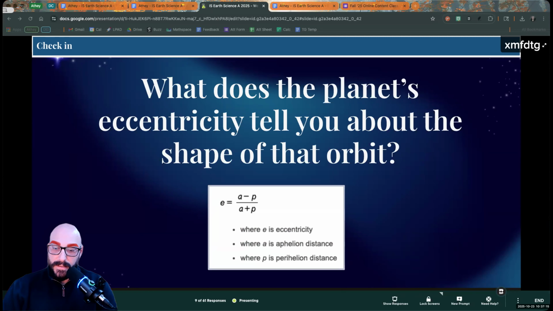Yes, it tells you if it's more elliptical or more circular. Which way? It's always going to be between 0 and 1. Which way is which, guys? Is 0 more circular or is 0 more elliptical? Yes, the higher the eccentricity, the more elliptical.